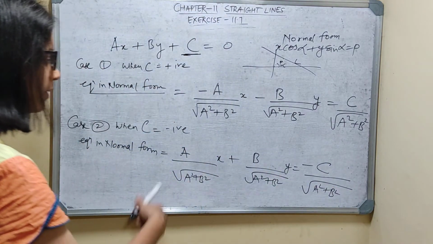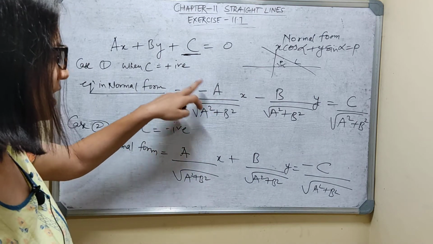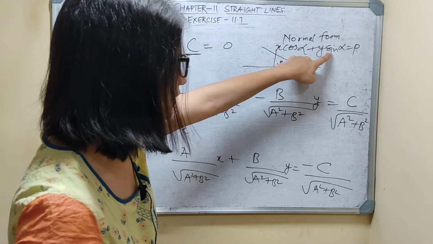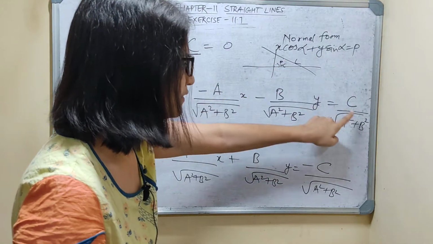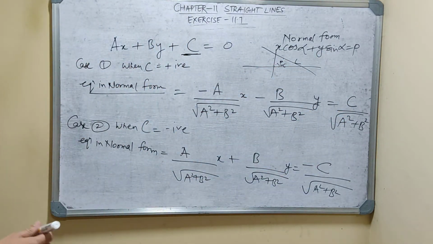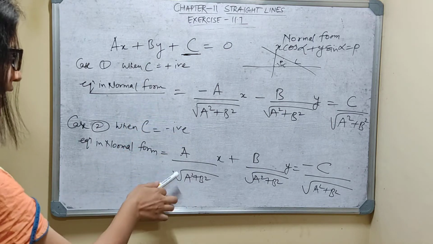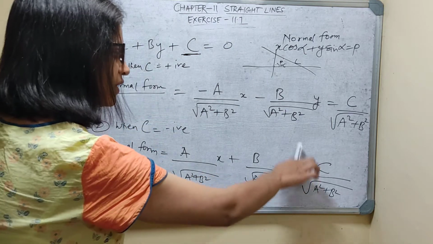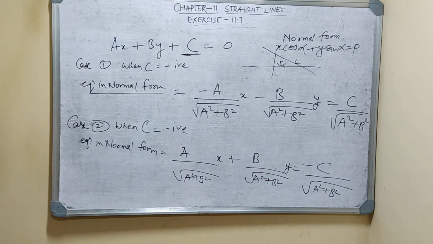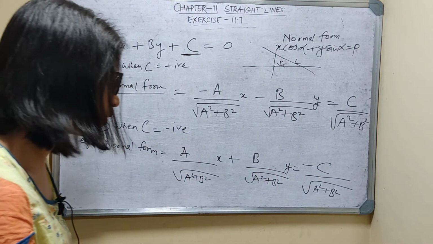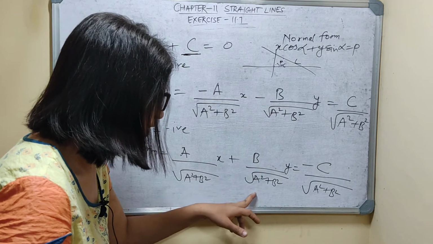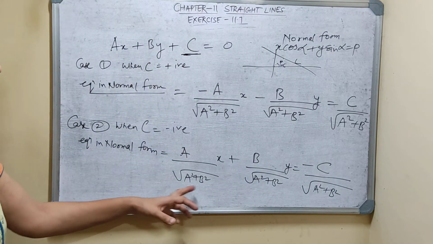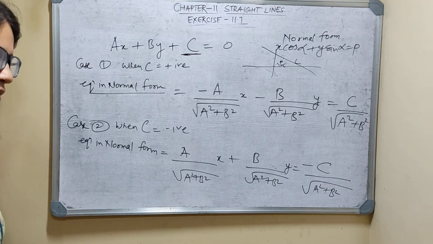This is in the form x cos alpha plus y sin alpha is equal to p, where p is equal to minus c upon root of a square plus b square. Sin alpha is positive, b upon root of a square plus b square, and cos alpha is equal to a upon root of a square plus b square, which is also positive.